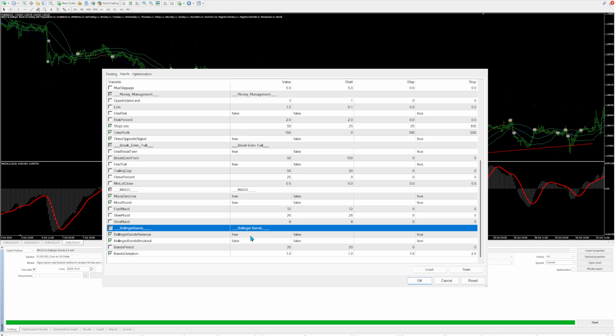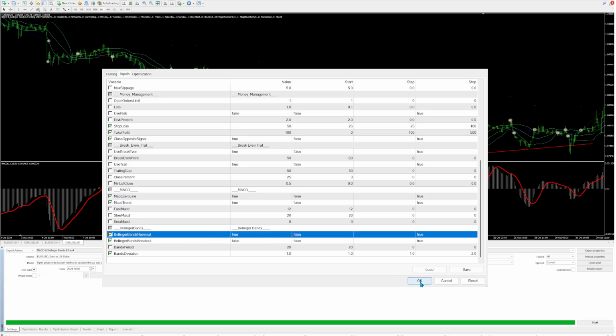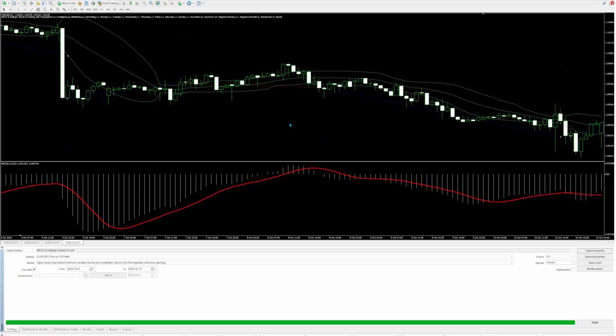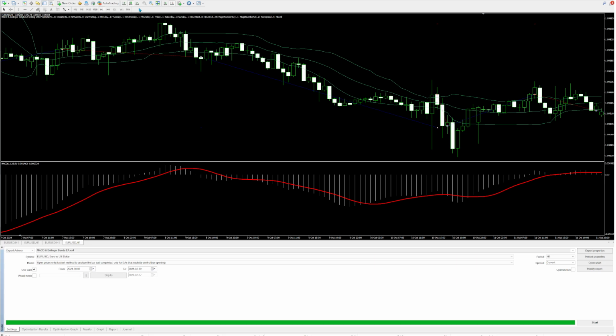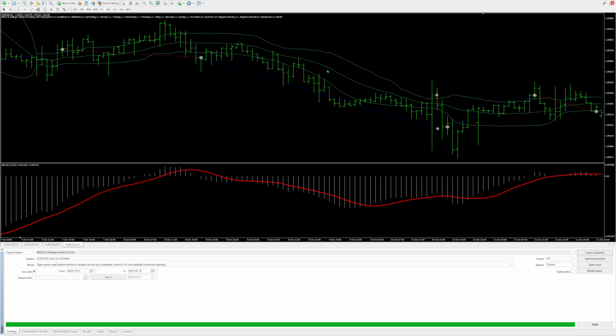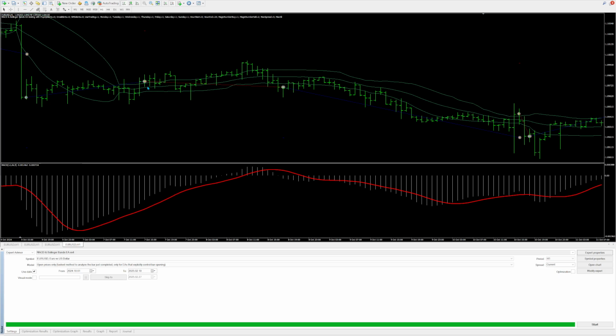Bollinger Bands. Okay, so Bollinger Bands reversal, if that's set to true, just zoom in there. If Bollinger Bands reversal is set to true, then price needs to, for a sell trade, break out above the upper band as it does here, or for a buy trade, break out below the lower band as it does there.